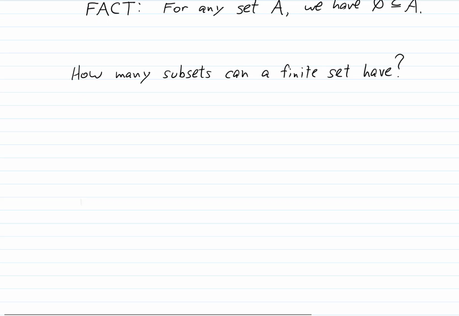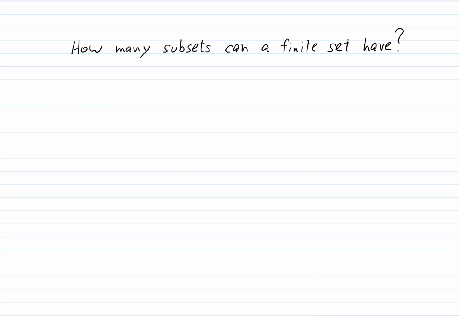And let's just start out with an example. Let's write A equals, and let's just put the numbers 1, 2, 3 in there. Okay? And let's see if we can find all of the subsets.